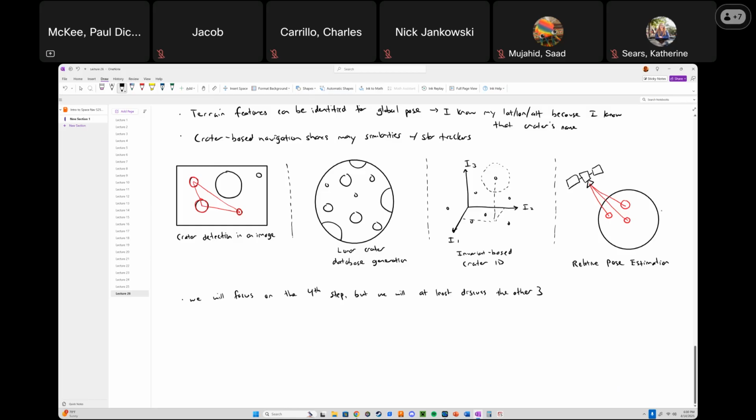I'll also mention, if you would like to read more, one of the best recent papers on this topic is Lunar Crater Identification in Digital Images by Christian, Dirksen and Watkins, published in 2021.